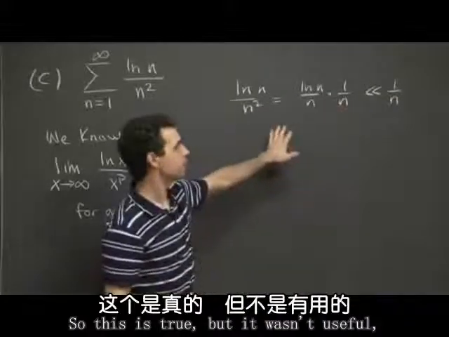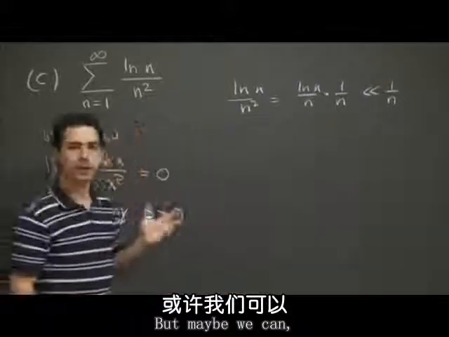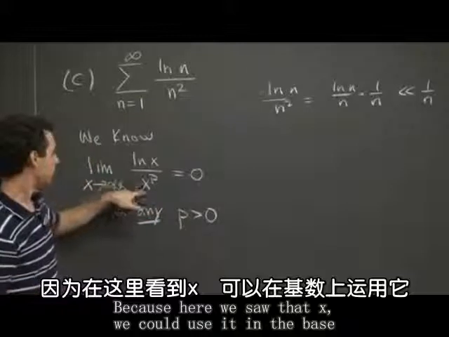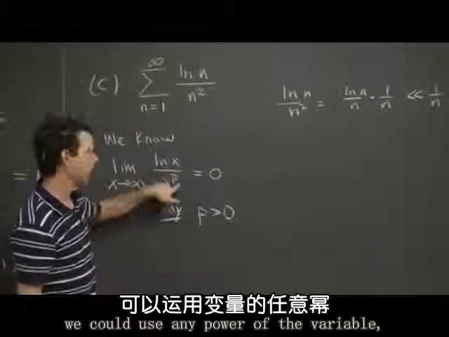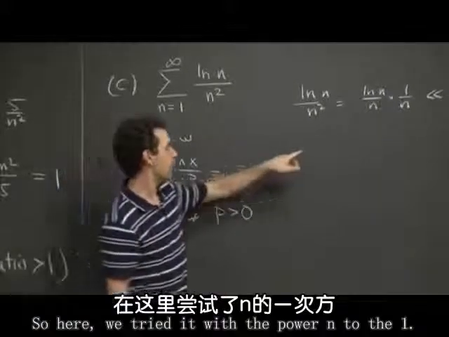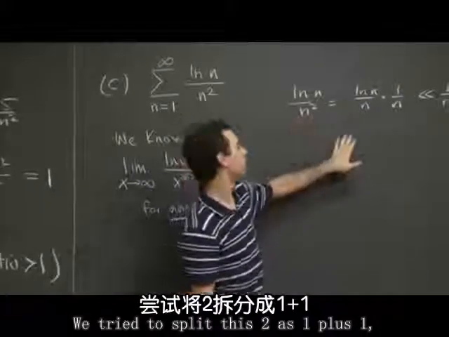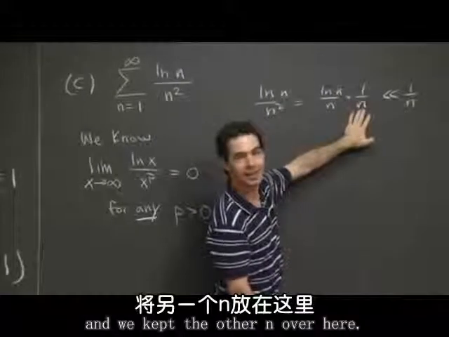So this is true, but it wasn't useful because the sum 1 over n diverges. But maybe we can do something even a little more tricky, because here we saw that we could use any power of the variable n, any positive power. So here we tried it with the power n to the 1. We tried to split this 2 as 1 plus 1, and we kept one of the n's to knock out the log n, and we kept the other n over here.